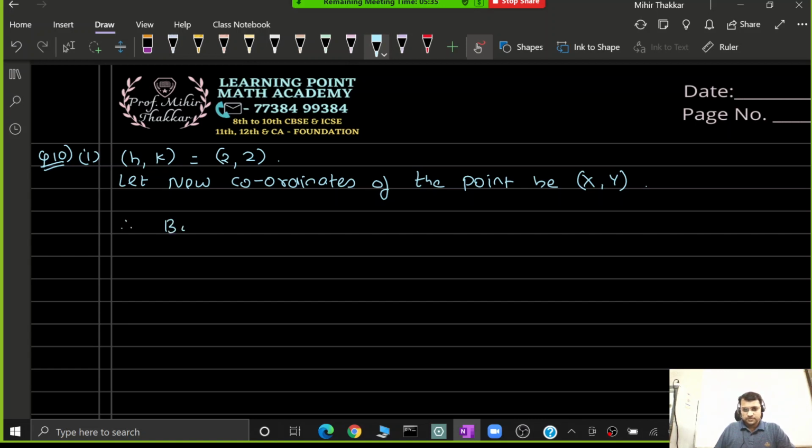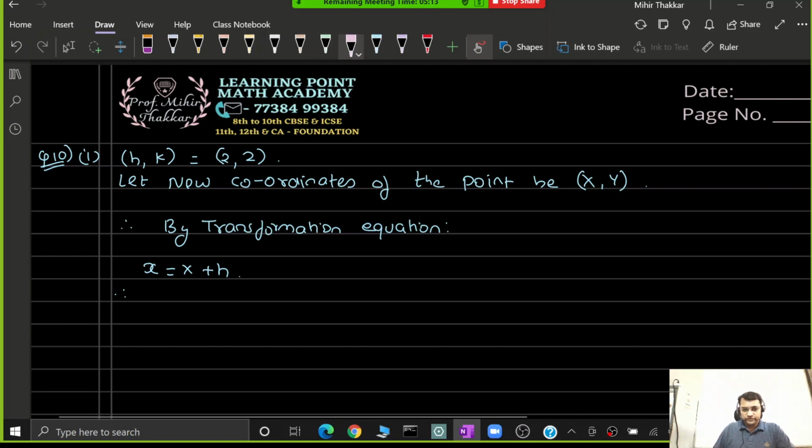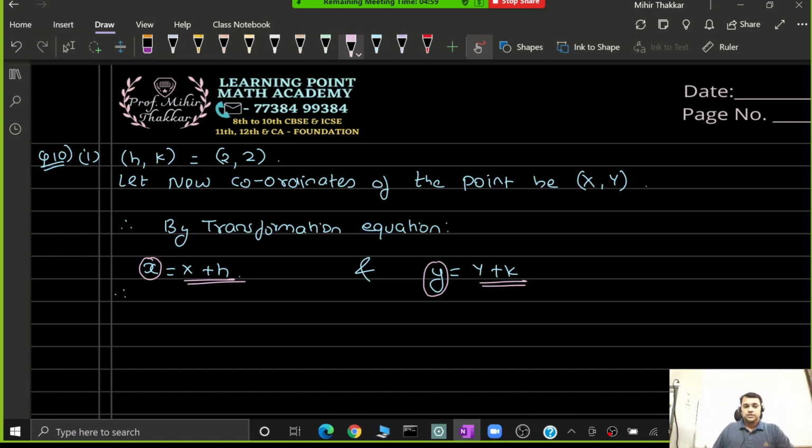Therefore, by transformation equation, small x is equal to capital X plus h. In this case, the question is given to you in terms of small x and y. So I will substitute small x as capital X plus h, as well as small y is equal to capital Y plus k. So in place of y, we will be substituting Y plus k.